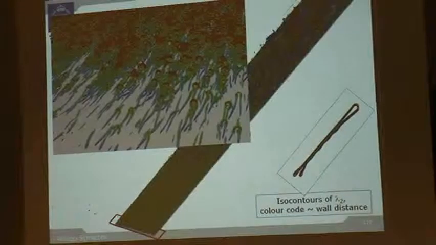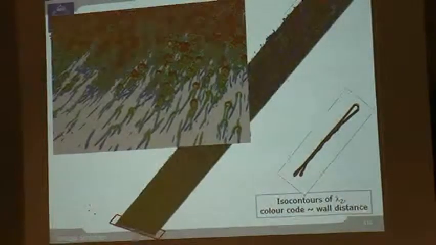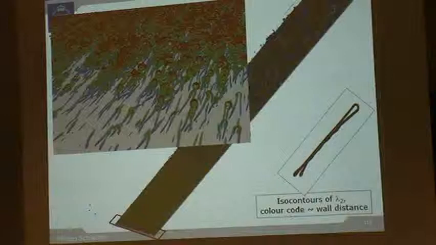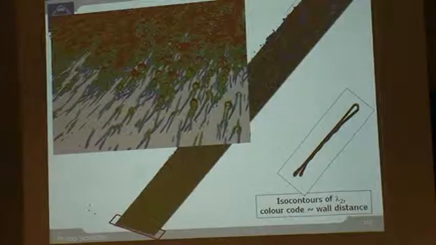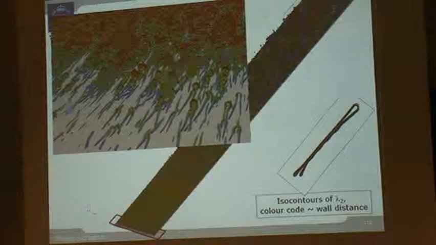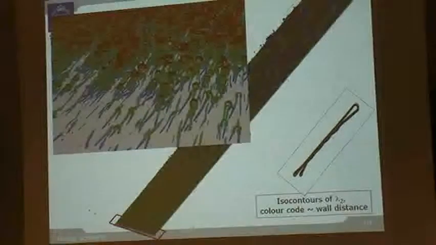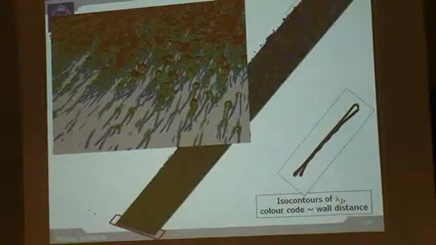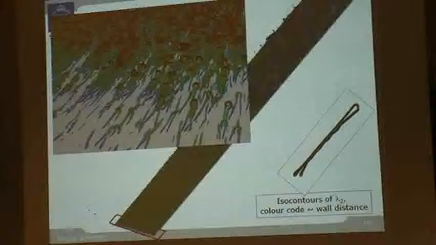We have chosen here a way which is very similar to experiments. We try to imitate the tripwire or a sandpaper, which is to generate transition here, and we calculate actually through the whole transition process.